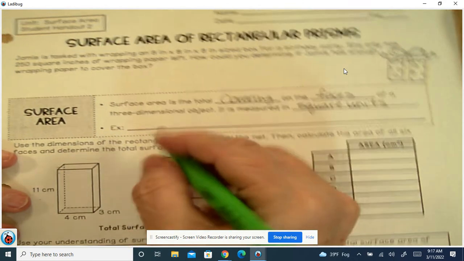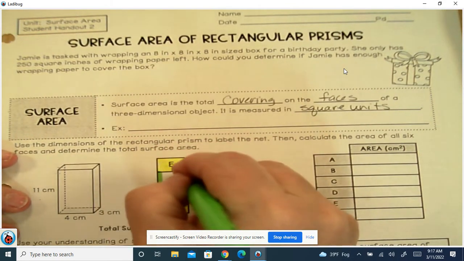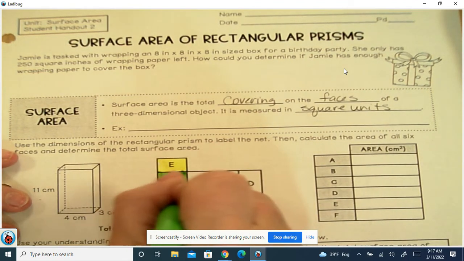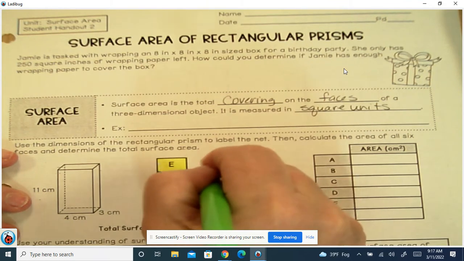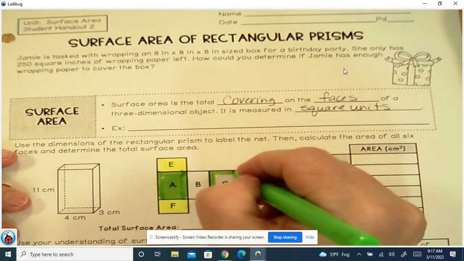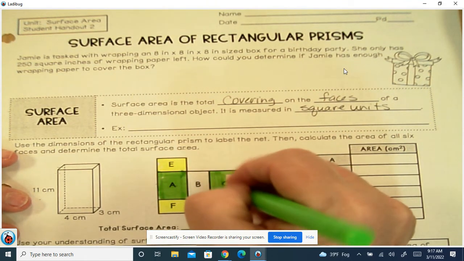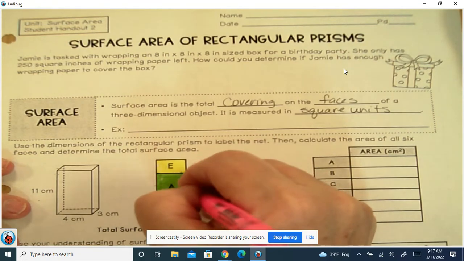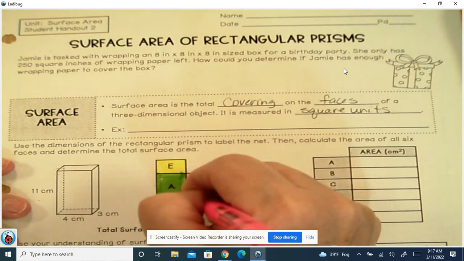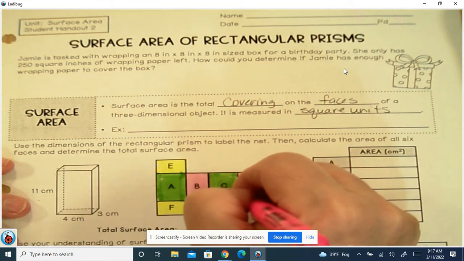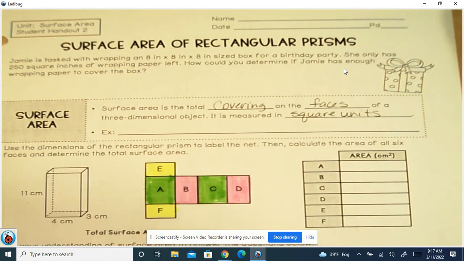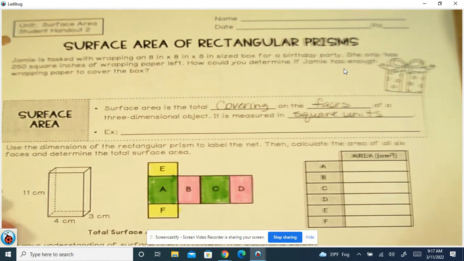A and C are a match. And B and D are a match.